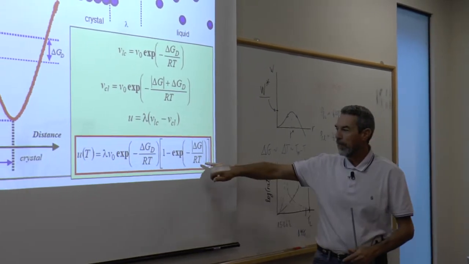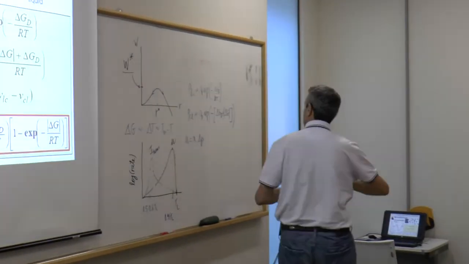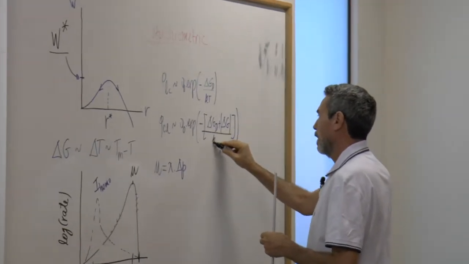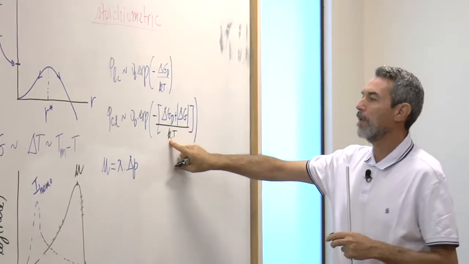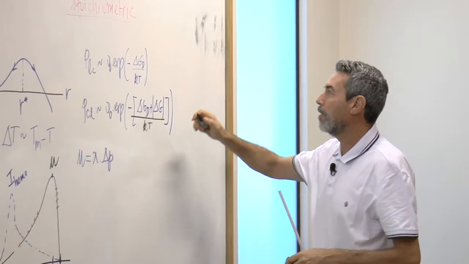Well, you know that you can use R or k. When you use kT, this is the Boltzmann constant. R is the gas constant. So they are related.